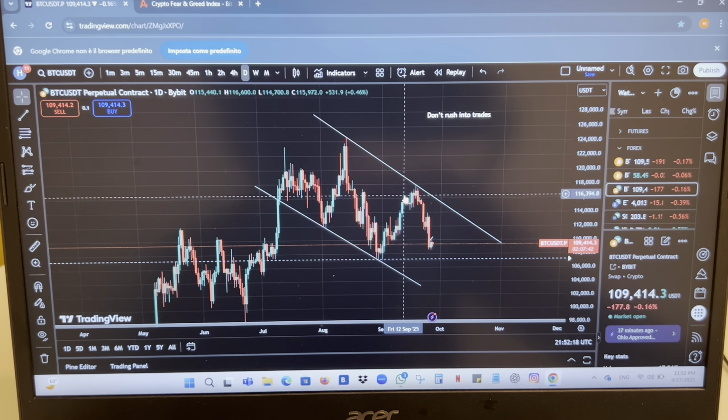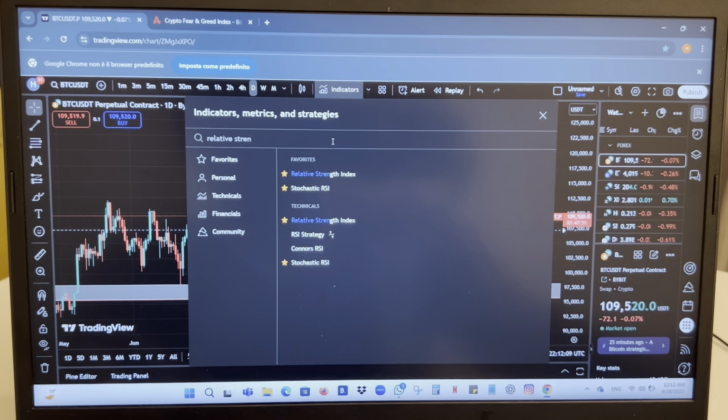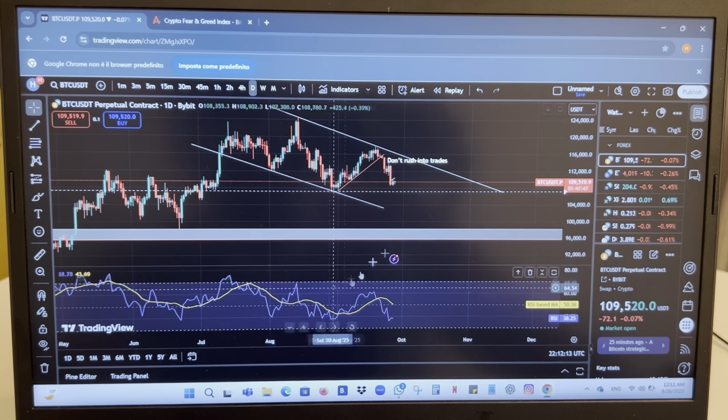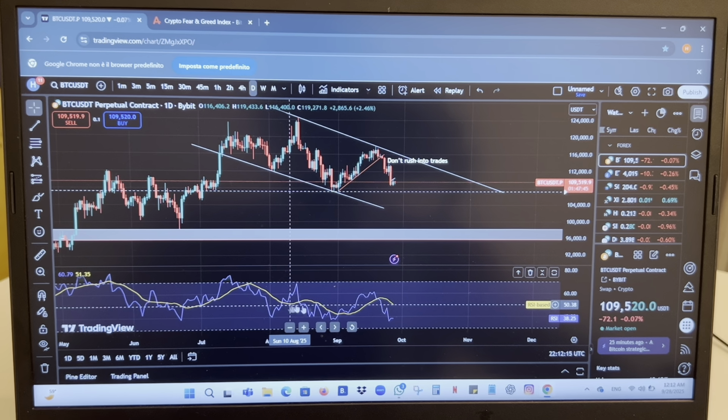And there you go. This is the BTC chart. Like I said, it's extremely easy to get the RSI indicator here. Just go to the indicators option and type relative strength index. There you go. This is the RSI indicator.